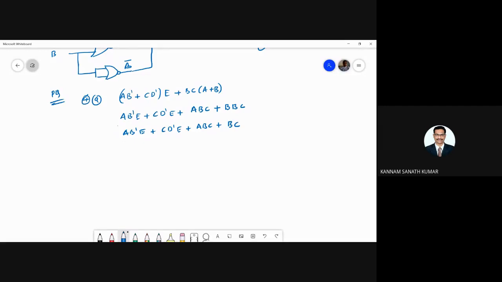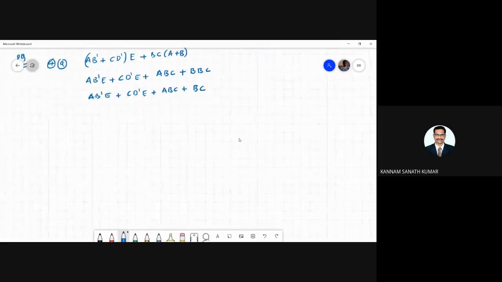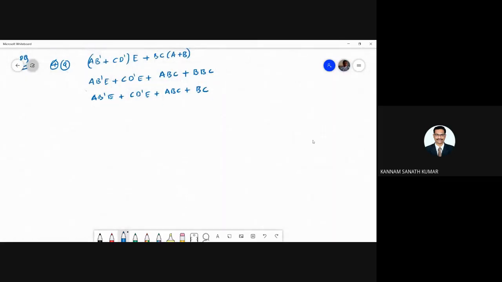Or otherwise, you can directly implement this expression by using the gates.